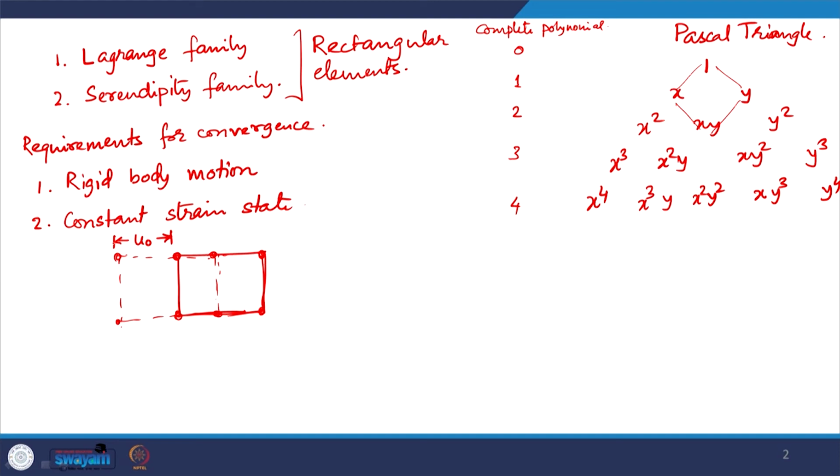That means the entire element has translated by a constant amount u 0 without straining.